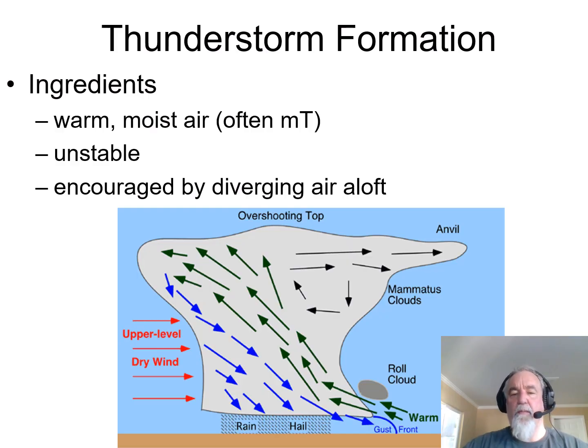So here's a little diagram of those updrafts and downdrafts. We've approached this subject once before when we talked about the formation of hail inside cumulonimbus clouds. Another thing we see in cumulonimbus clouds: hail, heavy rain, lightning, thunder.